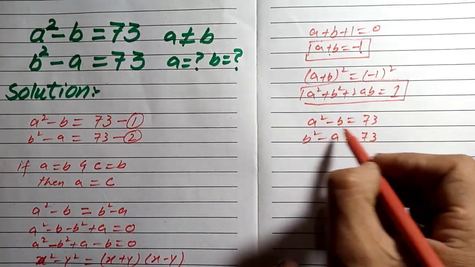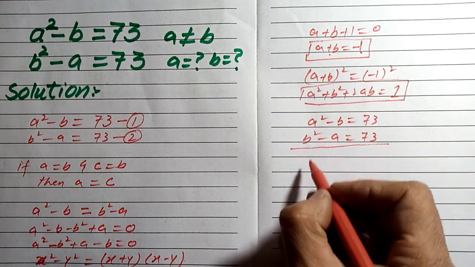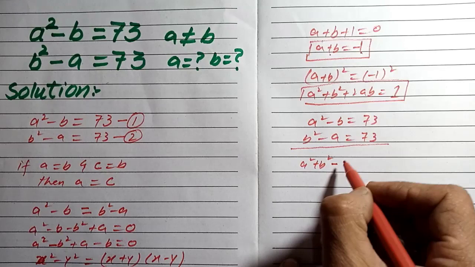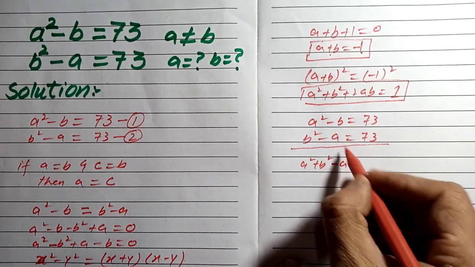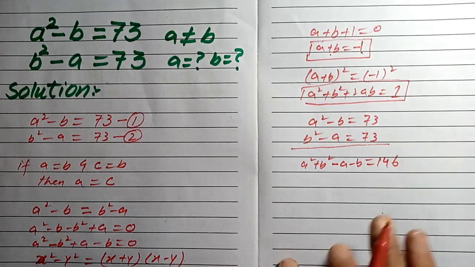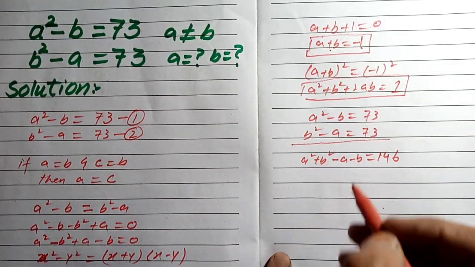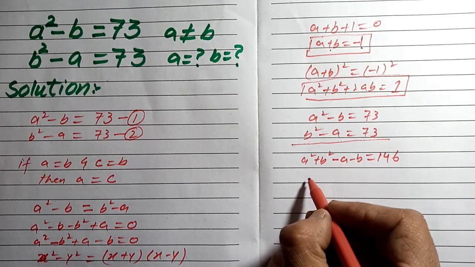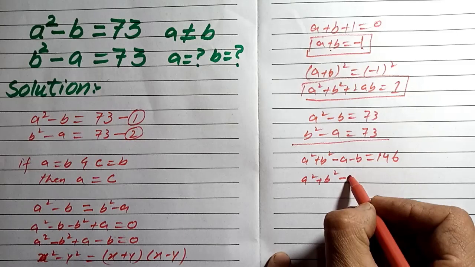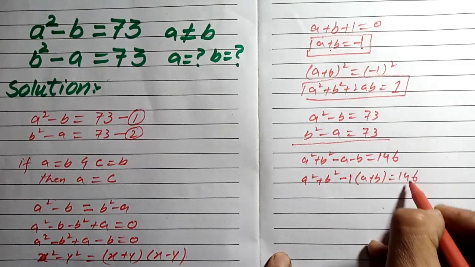If we add these two equations, we get a square plus b square minus a minus b, which is equivalent to 146. Here we can take common -1 on this side, and we get a square plus b square minus the quantity a plus b, which is equal to 146.